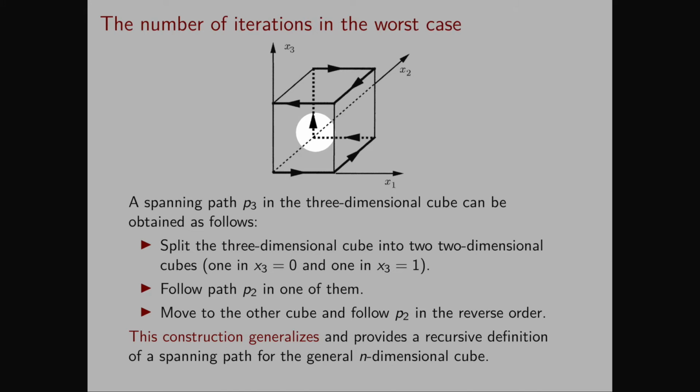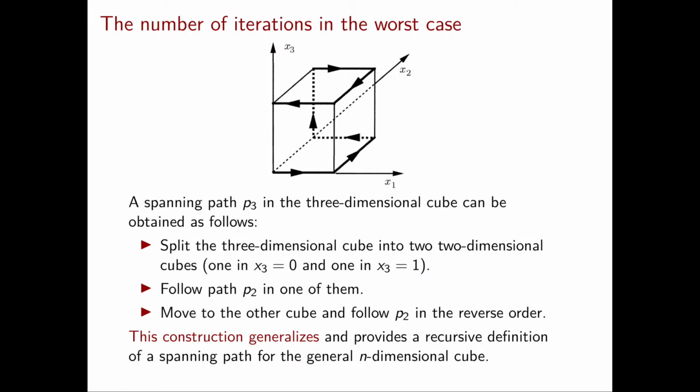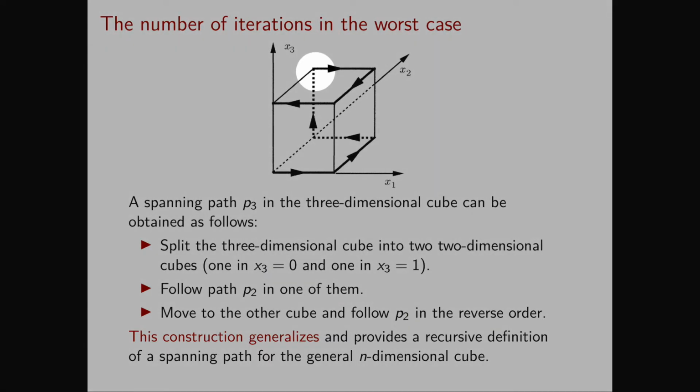And so we just move up by changing the value of x3 from 0 to 1. Now we can easily finish off our spanning path P3 by following the path P2 in the reverse order on this upper two-dimensional cube. Therefore, from this vertex we go now to this one, then to this one, and finally to this one.